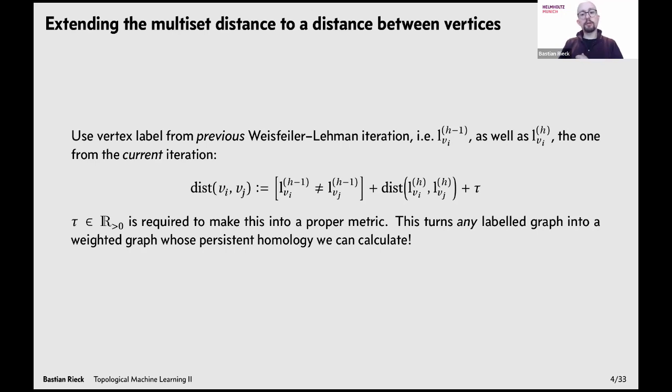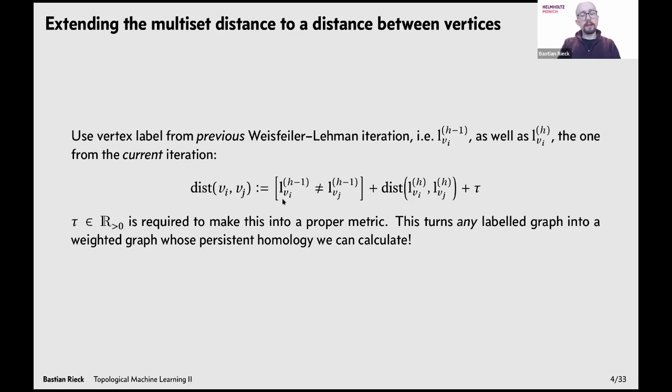So that's, I think, a crucial insight for leveraging these distances in the WL iteration. Specifically, we can take the WL iteration as it changes the labels, right? We can use the vertex label from the previous WL iteration, as well as the label of the current iteration, and we can build some kind of distance function from that.